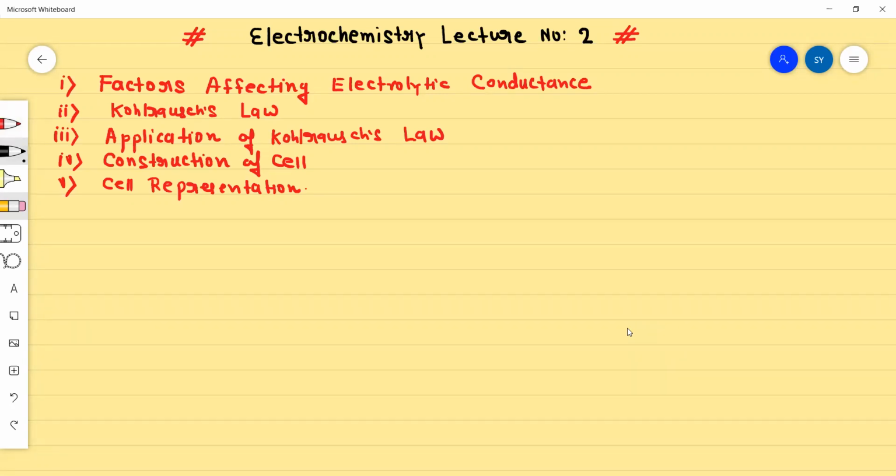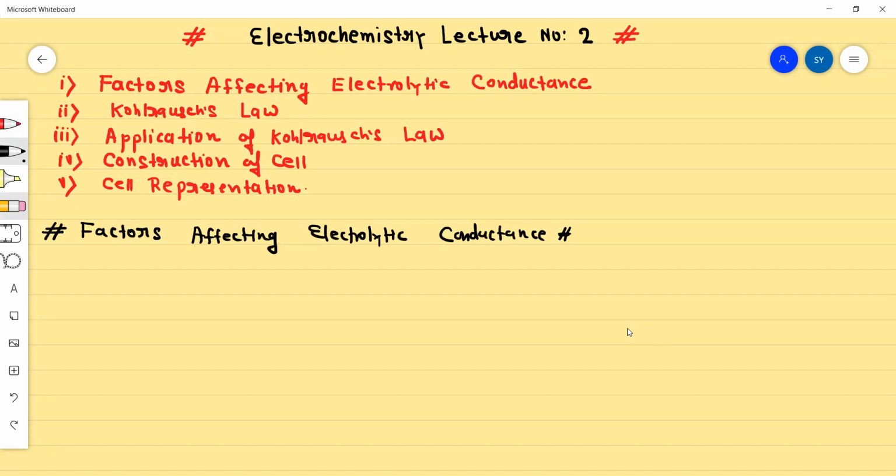So the first thing we are going to learn in today's lecture is the factors affecting electrolytic conductance. Now see, when you do electrolysis, which we are going to learn in the coming lecture also, the ions start moving.